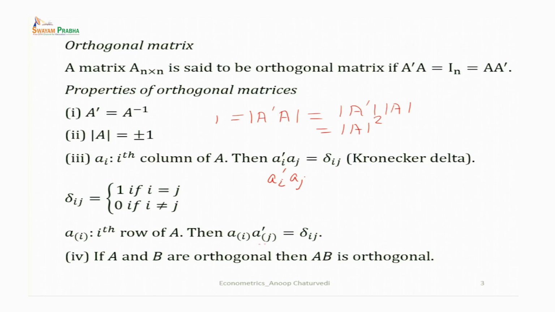Similarly, you can show this result also for the rows of A. And then if A and B are orthogonal, then A B is also orthogonal, because A B transpose A B is equal to B transpose A transpose A B, and then A transpose A is equal to the identity matrix. So, you get B transpose B, and B is also an orthogonal matrix, so this is also the identity matrix. So, this shows that A B is also an orthogonal matrix.